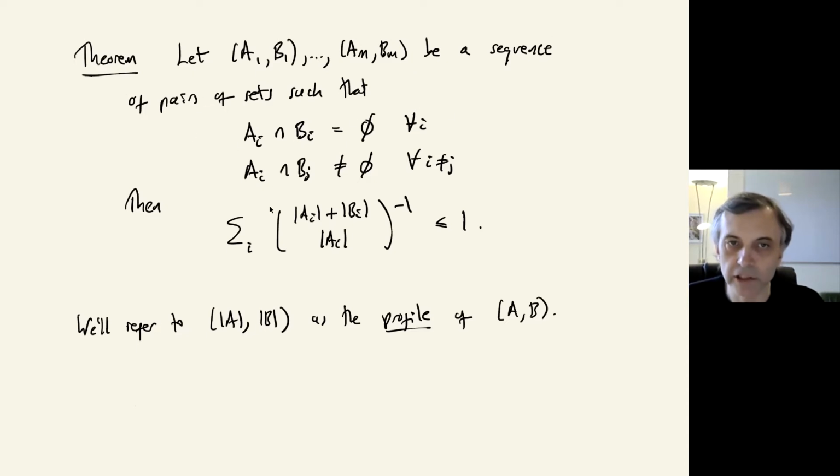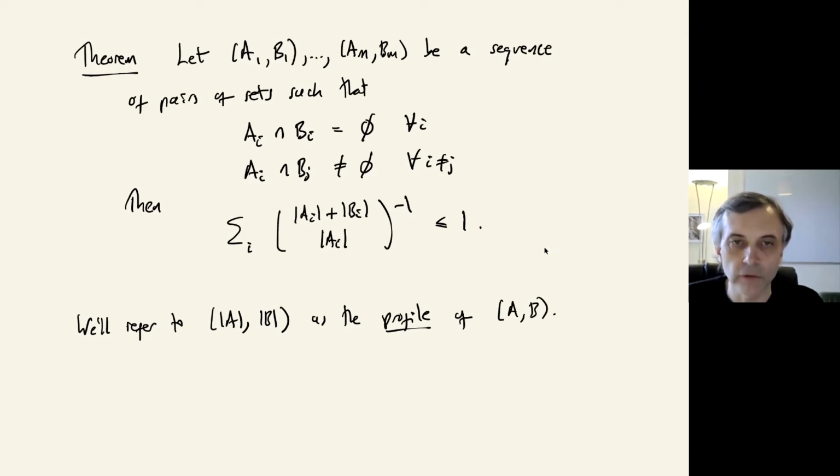Again, it's the same condition: Ai and Bi have to be disjoint, and Ai and Bj meet whenever i and j are different. And then the bound is that the sum of the size of Ai plus size of Bi choose the size of Ai, inverse, is at most 1.